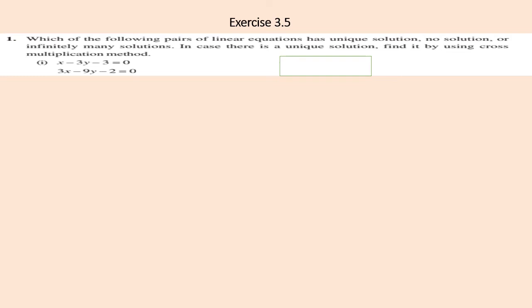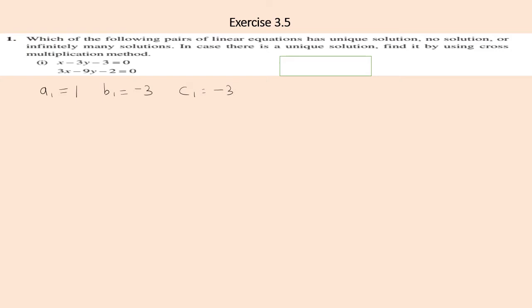So first we have to check whether the pair of equations has a unique solution or not. If it is not having a unique solution, no need to use the cross multiplication method. So for finding whether it has unique solution or no solution or infinitely many solutions, first we have to write the coefficients. a1 equal to coefficient of the variable x, that is 1, b1 equal to coefficient of variable y, that is minus 3, c1 equal to constant term, that is minus 3.